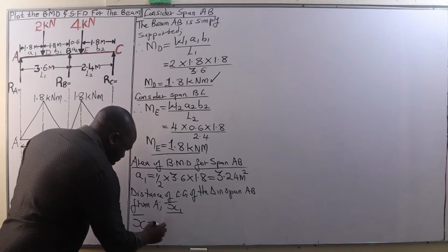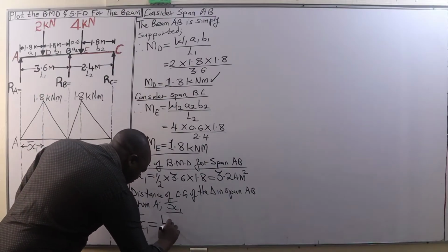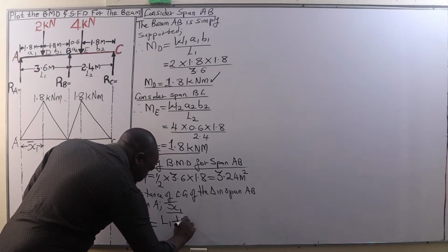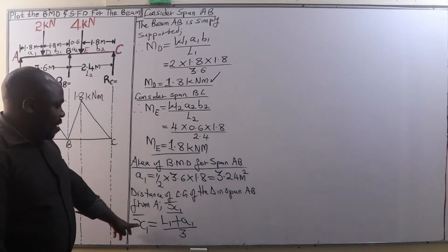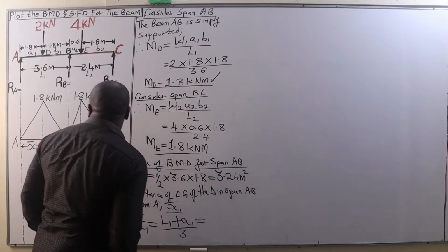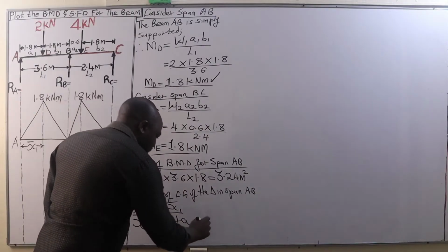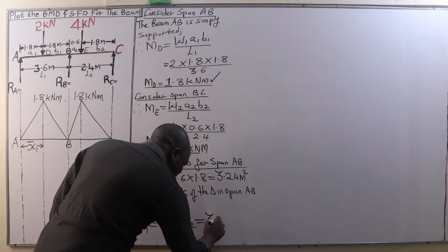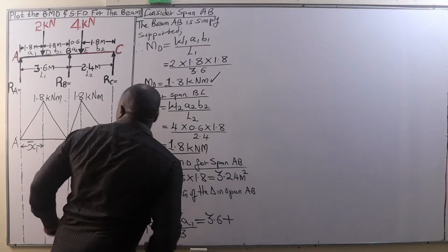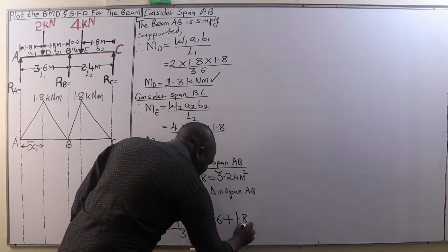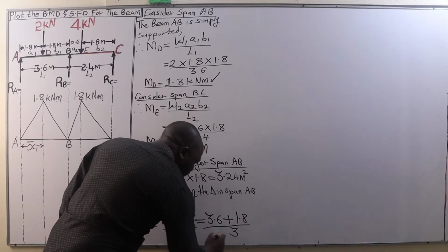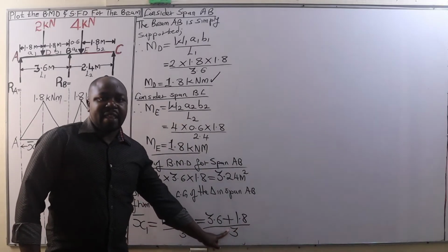Bar x1 will be given by L1 plus A1 divided by 3. That is the formula we use. This is equal to L1, 3.6 meters, plus A1, 1.8 meters, and then we divide this by 3.